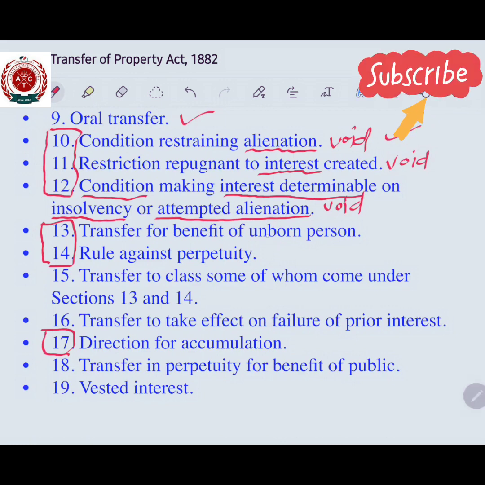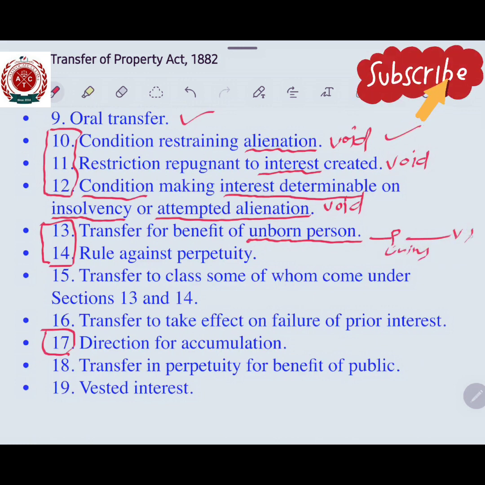An unborn person is not a living person, but property may be transferred to an unborn person on the condition that there is no direct transfer; a prior interest must be created, and absolute interest given to the unborn person. Then it is possible. The prior interest is created for a living person, and the unborn person may acquire absolute interest upon his birth.